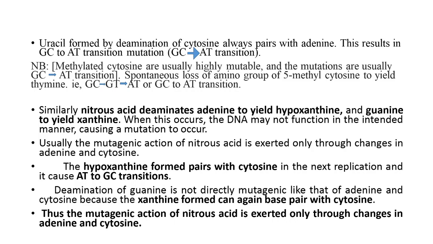Uracil formed by deamination of cytosine can pair with adenine. This results in a GC to AT transition mutation after the replication. The GC base pair is converted into AT after the replication.